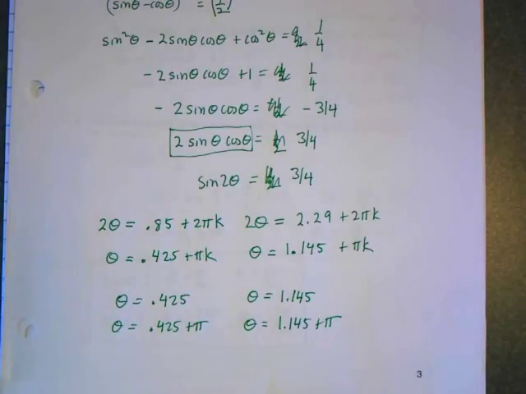So between 0 and 2 pi, yeah, that's not the problem. The problem is way back at the beginning, what was the very first thing we did? We squared both sides. And what happens when you square both sides? It cancels out negatives, which sometimes gives you what's known as erroneous solutions.